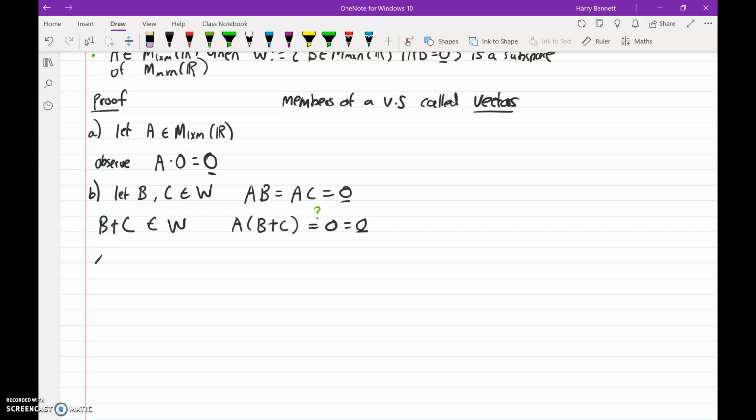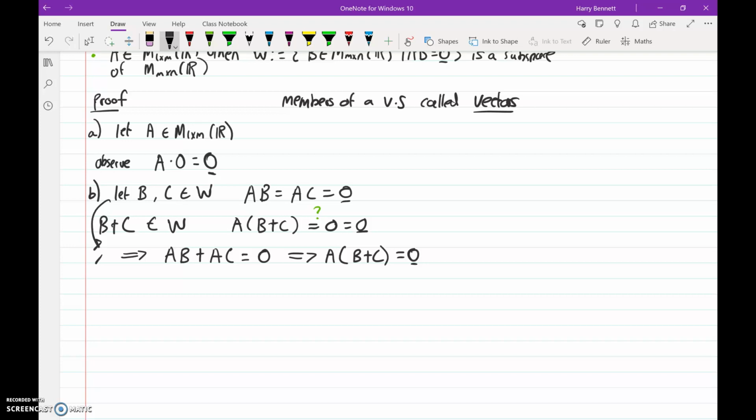So let B and C be in W. Then this implies that A times B plus A times C is equal to 0. But then, because of matrix rules, we can use distributivity to factor out the A here, and A times (B plus C) is equal to 0.